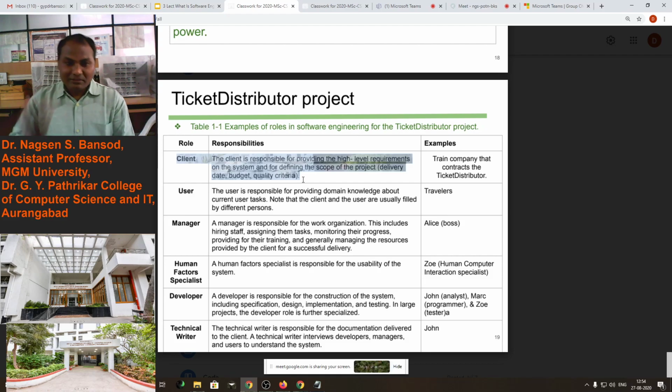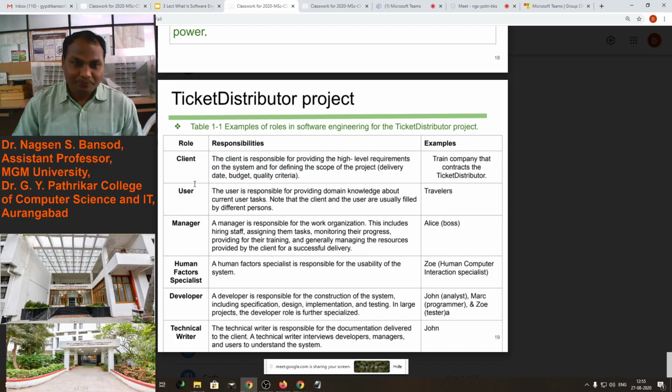Such information is known to the ticket conductor. Therefore, we have to acquire information from him to develop the software. So the conductor will become our client. Suppose we are the software engineers, then he will be our client. He will provide detailed information to us.